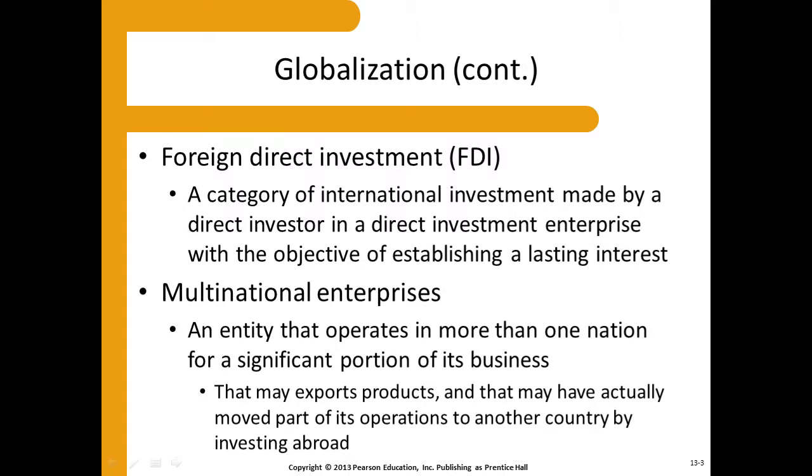These investments now have resulted in these multinational enterprises. And we really can't say that a company is multinational just because it sells its exports overseas. In order to be considered multinational, the company really has to have actually moved part of its operations to another country by investing abroad. These lowering economic barriers between nations open up enormous possibilities for multinational companies and the growing number of national businesses connected to them.